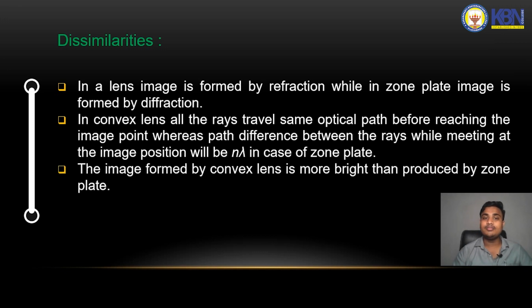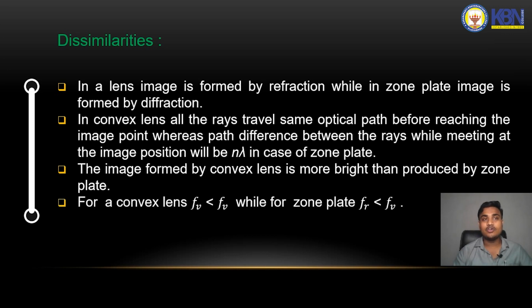The image formed by a convex lens is brighter than that produced by a zone plate. In convex lens, it will be brighter as compared with the zone plate. Why? Because in the zone plate, alternate zones are transparent and the alternate zones are opaque. For convex lens, FV is less than FR, but for the zone plate, FR is less than FV.